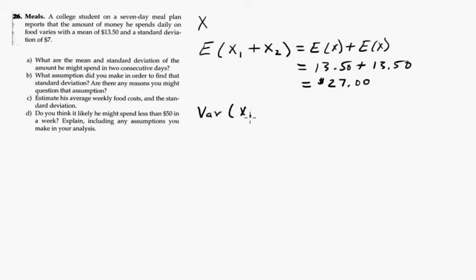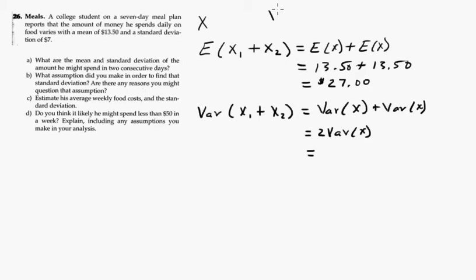Now the variance. To find a standard deviation, we have to start with the variance. The variance of a random variable plus a random variable, we just add the variances. So that's the variance of x plus the variance of x, or 2 times the variance of x. Remember that the variance is always the standard deviation squared, so the variance of x is $7 squared.